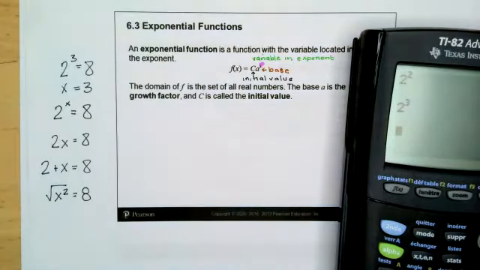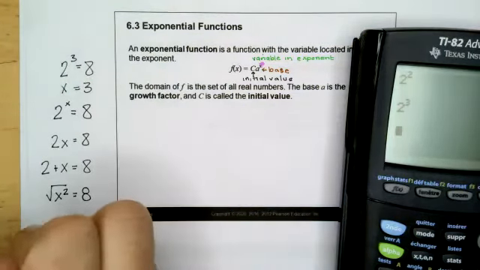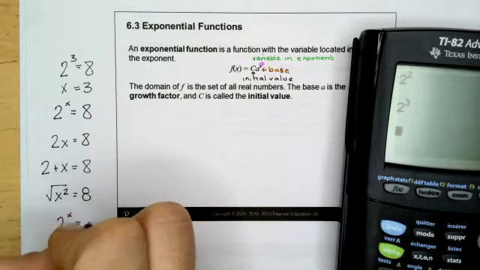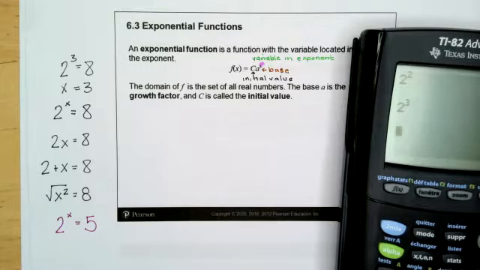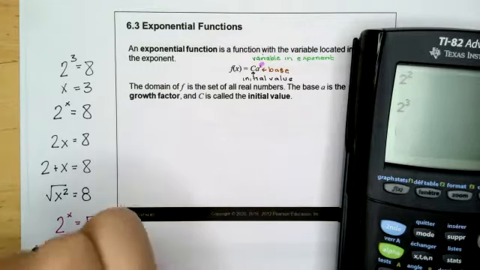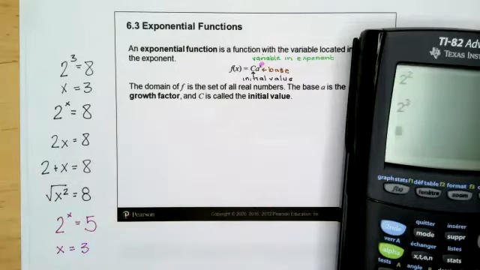However, what if it was 2 to the X is 5? Is X 3? It is not, right? 2 to the power of X equals 5. X is not 3.